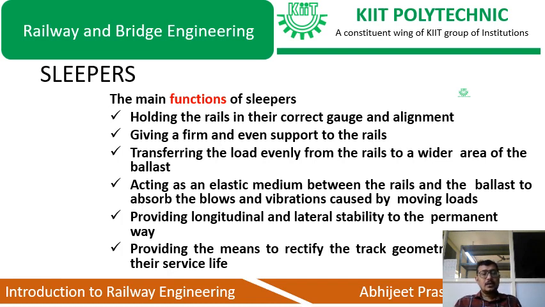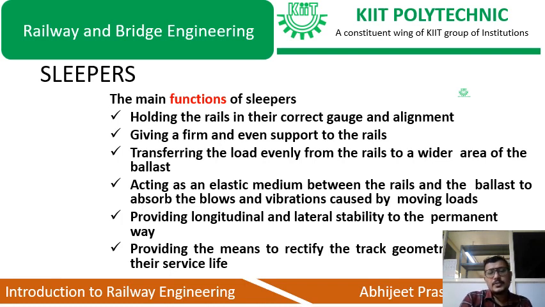Then the second component is sleepers. The main function of sleepers is to hold the rails on it, giving a firm and even support to the rails, transferring the load evenly from the rails to a wider area of the ballast, acting as an elastic medium between the rails and the ballast to absorb the blows and vibrations of the moving loads on it.